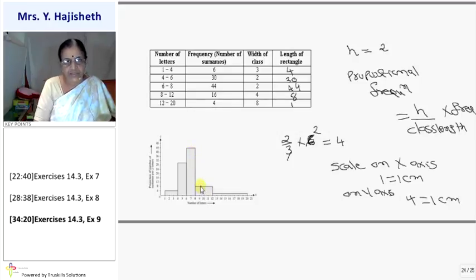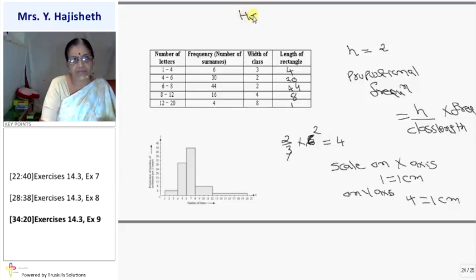Fourth is width 4 centimeter, and height is how much? 8, मतलब 2 centimeter. And last is width 8 centimeter, and height is only 1 centimeter. So this is a histogram with unequal class length.